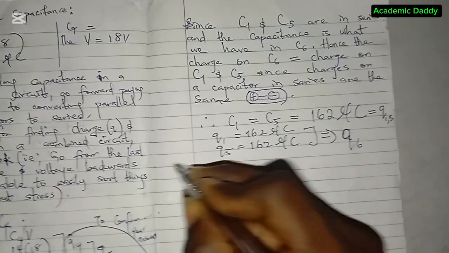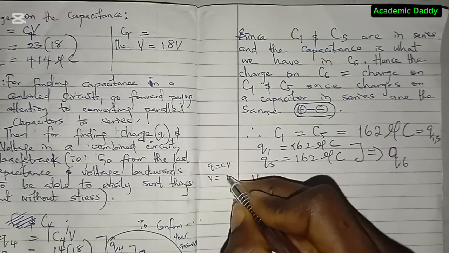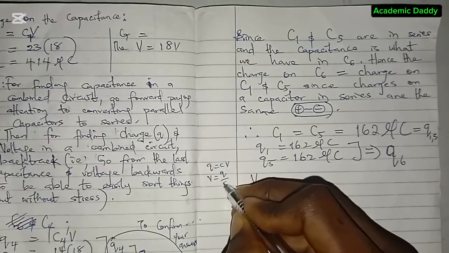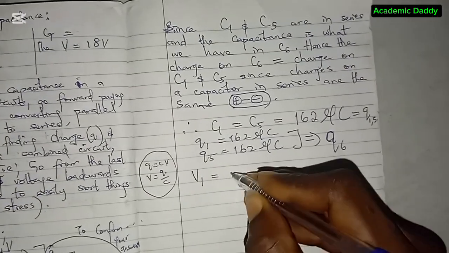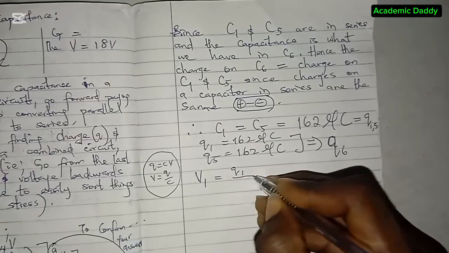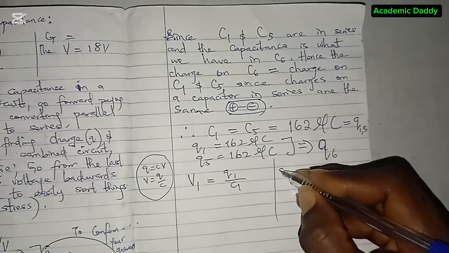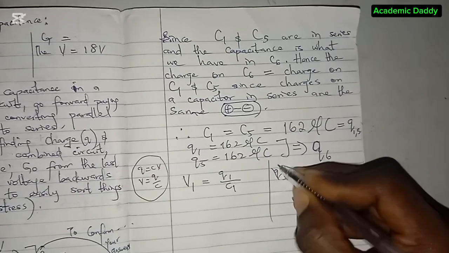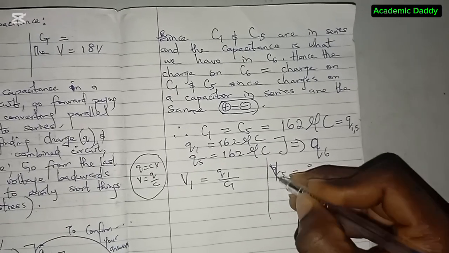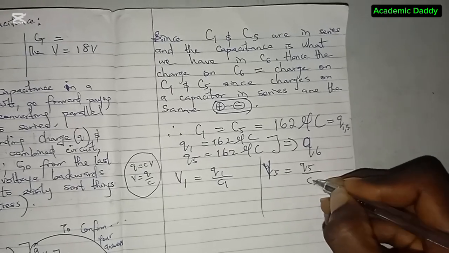V1, if you remember that Q equals CV, that means V will be equal to Q over C. And that means V1 will be equal to Q1 over C1, and V5 will be equal to Q5 over C5, because voltages in series are different.